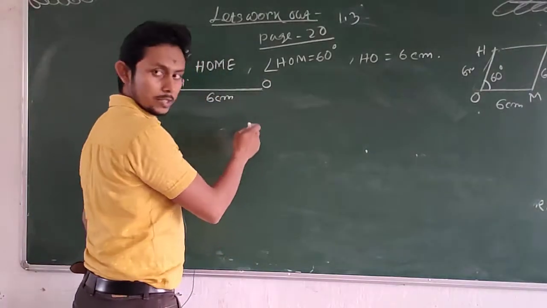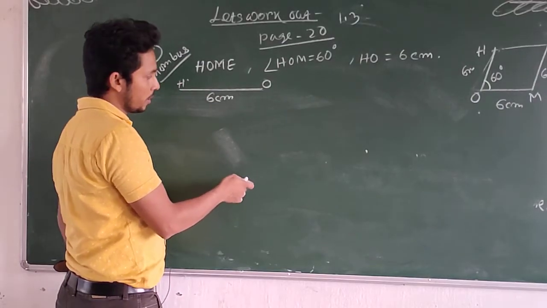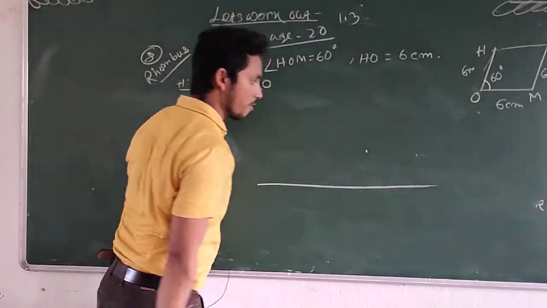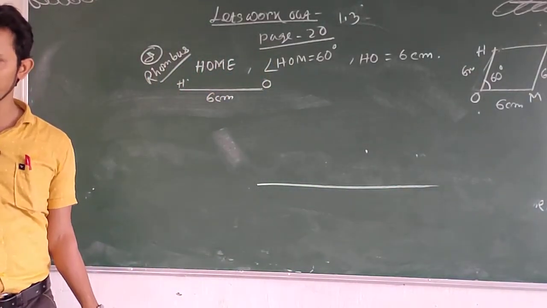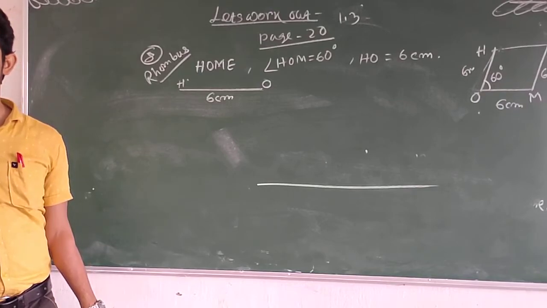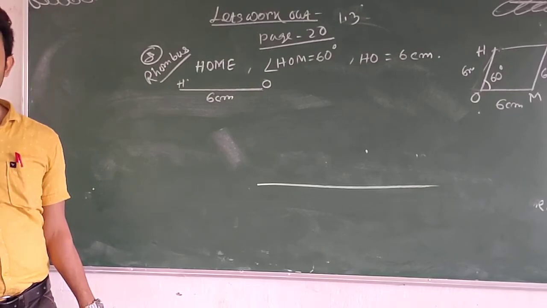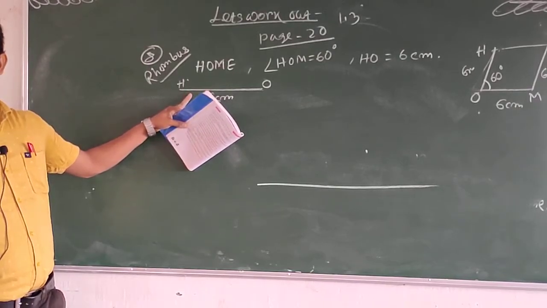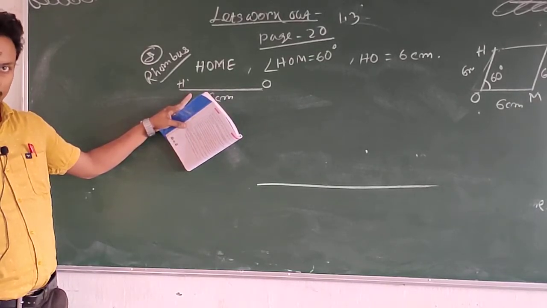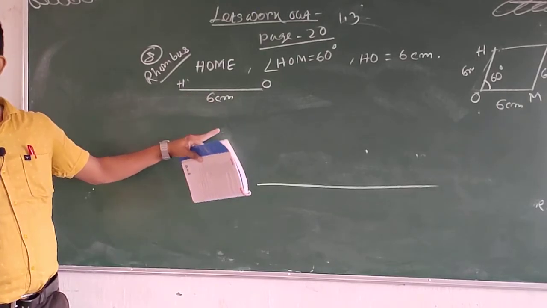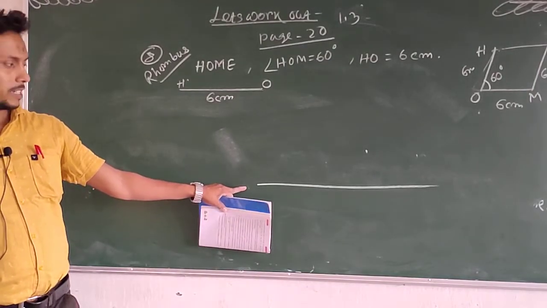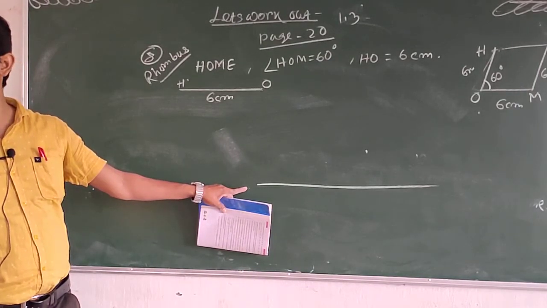And at the mid portion of your copy, leave a few spaces and draw a line using your scale, any long line. So first draw a measured 6 centimeter line, and then here a long line.